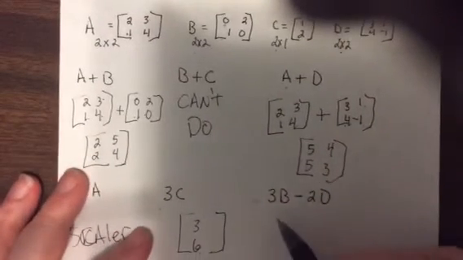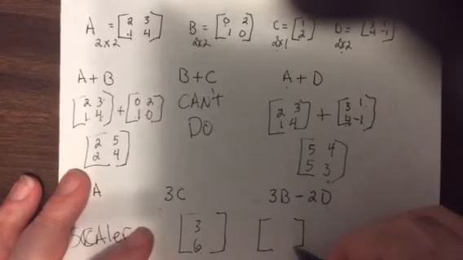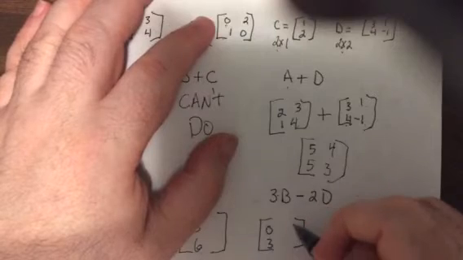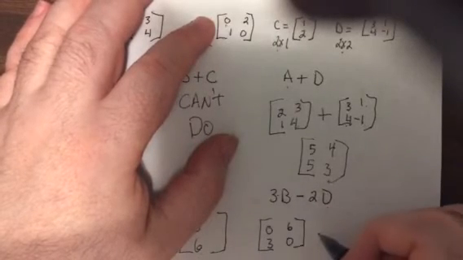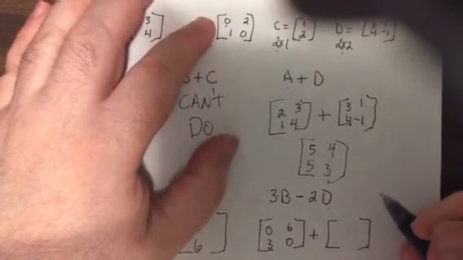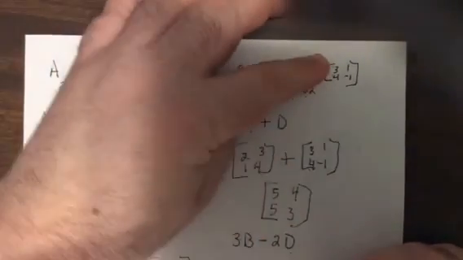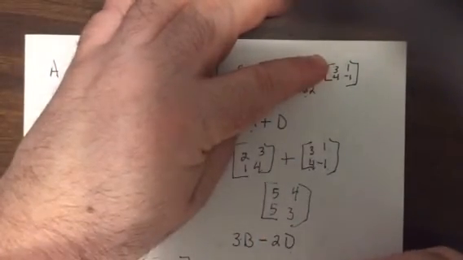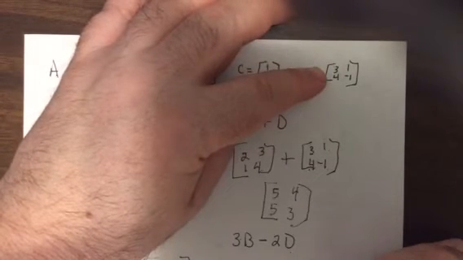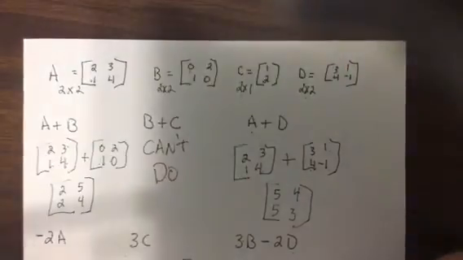So if I said, what's 3B minus 2D? Well, first, I'd multiply B by the scalar 3. So that would be 0, 3, 6, 0. Plus, now I'm going to multiply D by the scalar negative 2. So that would be 3 times negative 2 is negative 6. 4 times negative 2 is negative 8. 1 times negative 2 is negative 2, and then that's 2.